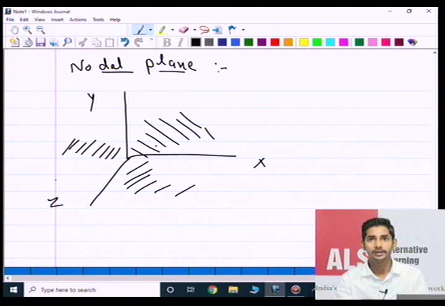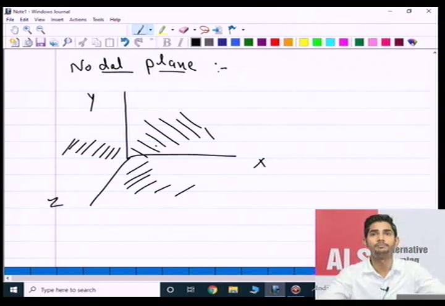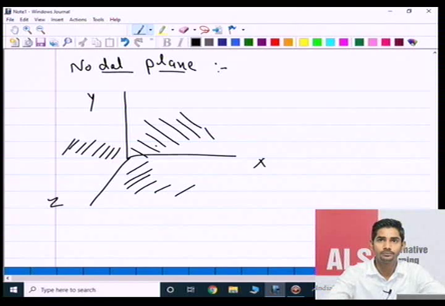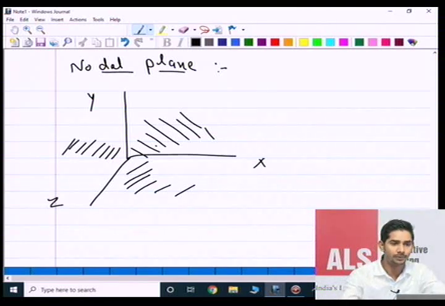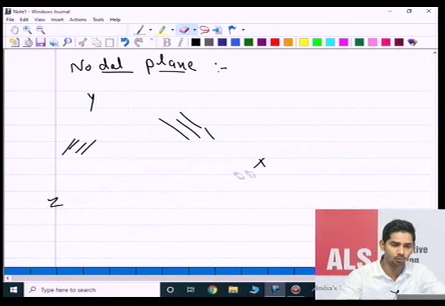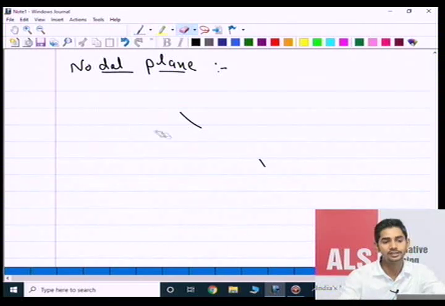Obviously the node will be present in any one of the planes, meaning a node can be present in any of these planes. So the plane containing the node will be known as what? Nodal plane. Again, you can say in this plane we won't get any electrons.